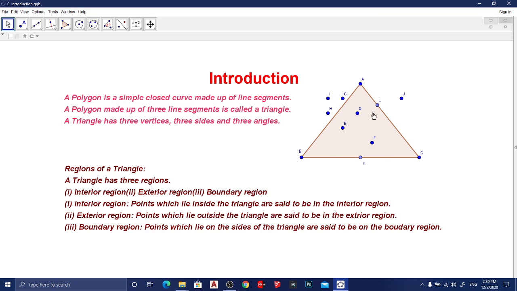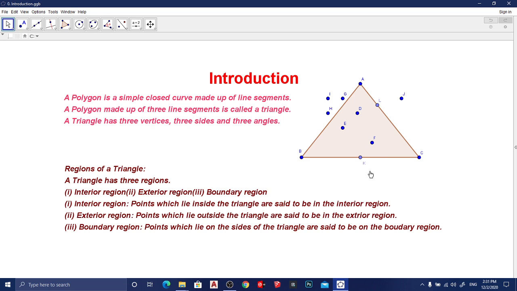This plane is divided by a triangle into 3 regions: the interior region, the exterior region and the boundary region of the triangle. The points lying in the interior are called interior points, the points lying on the boundary are called boundary points, and the points lying in the exterior of the triangle are called exterior points.